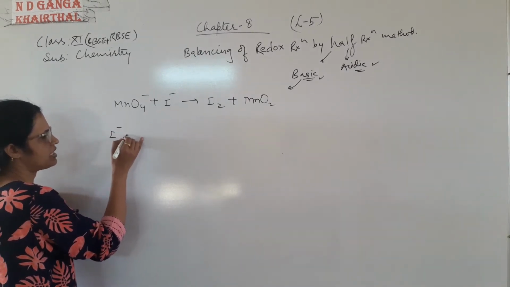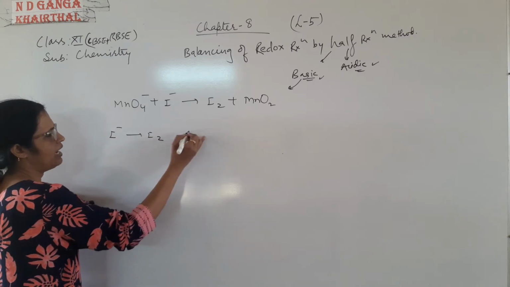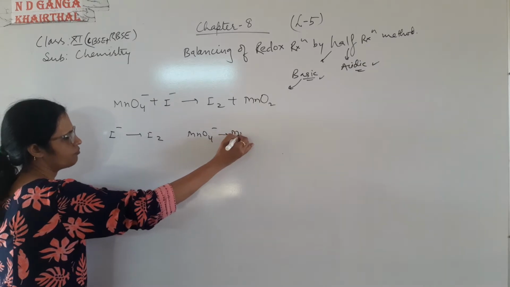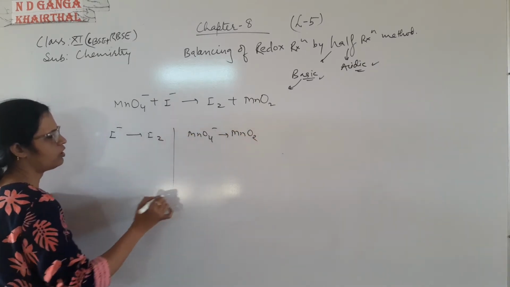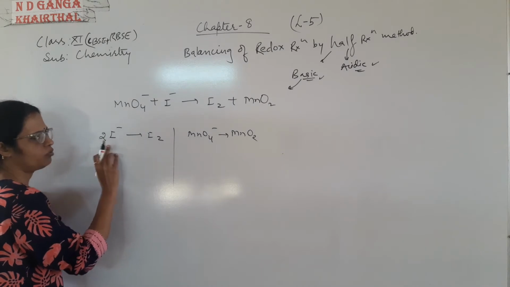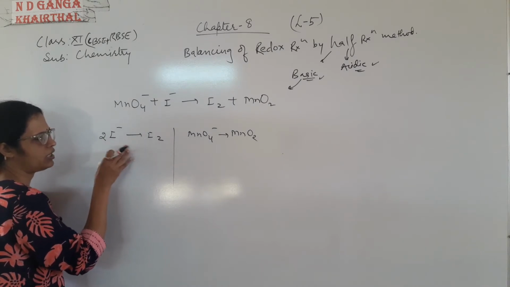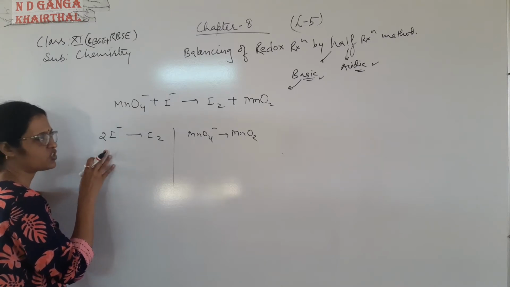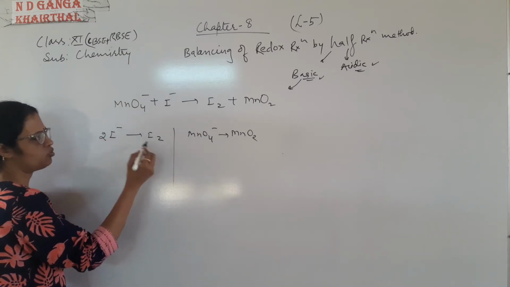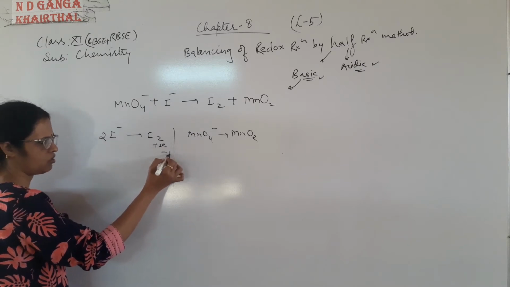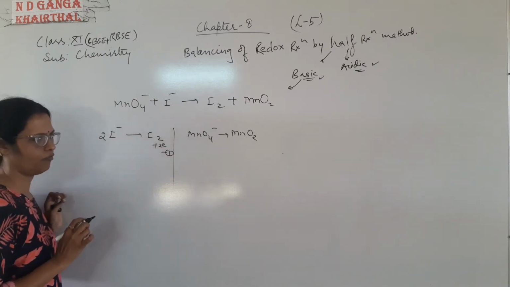One half reaction is I minus to I2 and another is MnO4 negative to MnO2. First, by multiplying by 2, the iodine atoms on both sides are equal. Now we will balance the charge. Here is minus 2 charge, so we will add 2 electrons here, and this is equation number 1.